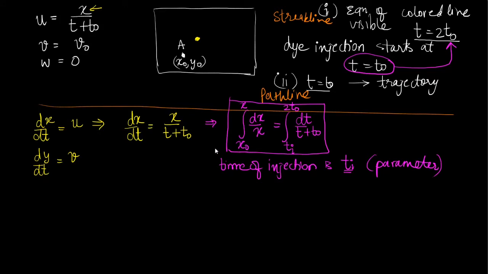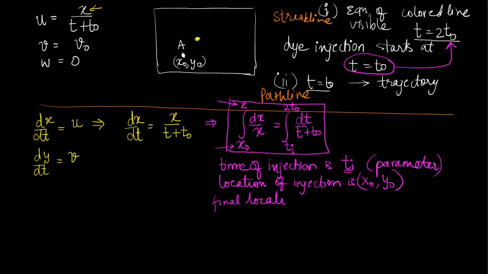But what this means is the location of injection is x naught comma y naught, and this particular final location x will depend on what Ti is.